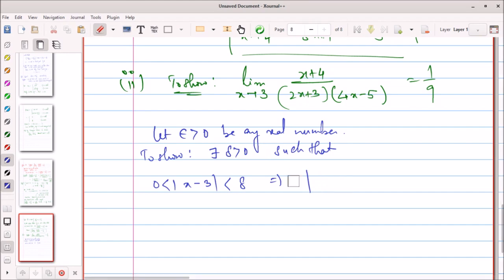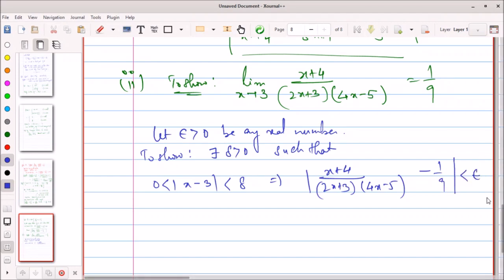We have not named f(x), so we will directly write (x + 4)(2x + 3)/(4x - 5) minus 1/9 is less than epsilon. For this, we will express this in terms of x - 3.